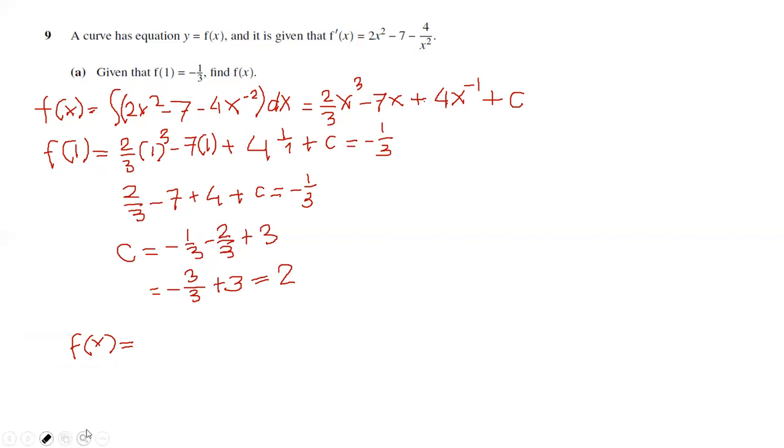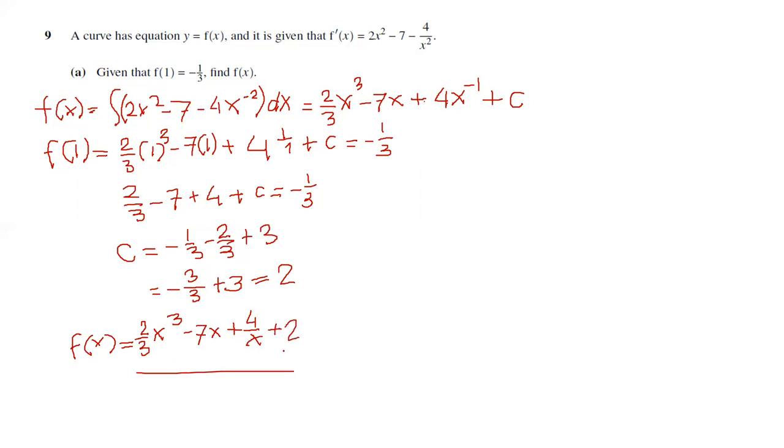Yeah, f(x) equals 2/3 x cubed minus 7x plus 4 over x plus 2.